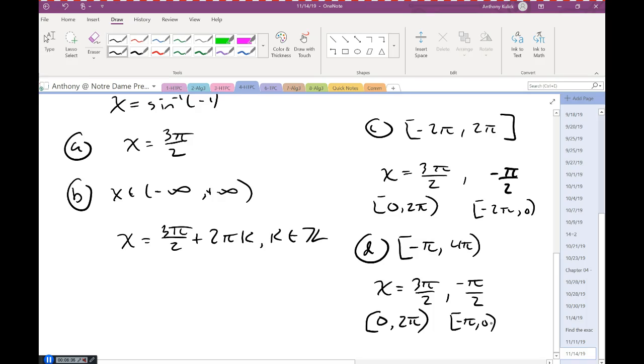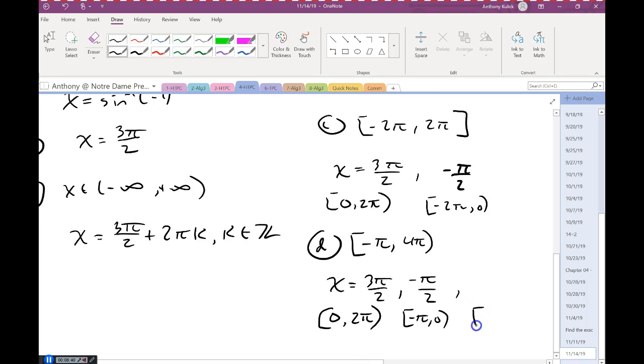Everybody agree with that? And then I just now have to worry about the things from 2 pi to 4 pi. How would I find any answers there? Just find something coterminal to this, right? So I'll do that by adding 2 pi. When I add 2 pi to that, I get 7 pi over 2. And that would be the only answer in that interval. So those are my 3 answers for part B.